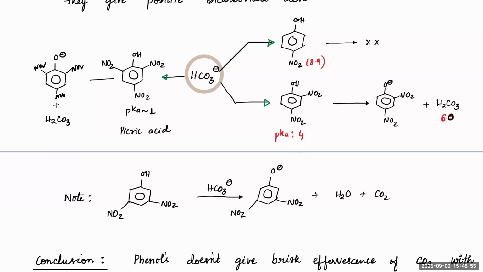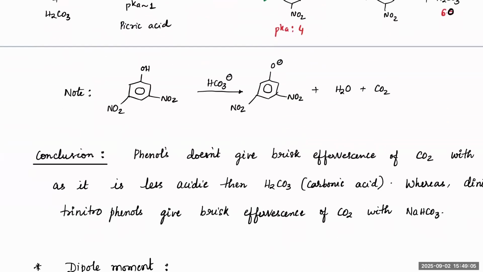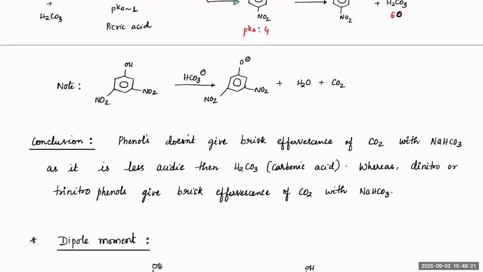Now, here this is also giving H2CO3, which is 6, and this is 1. Is it feasible? Yes, definitely feasible. That's why I said if you have more than 2 nitro groups, it is not necessary that they be at a certain position, like both ortho, one ortho one meta, ortho para, nothing. Any positions. Even if you have 2 at meta positions, it will still give a positive bicarbonate test.